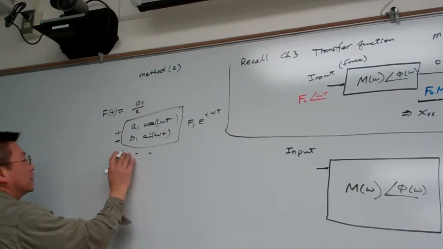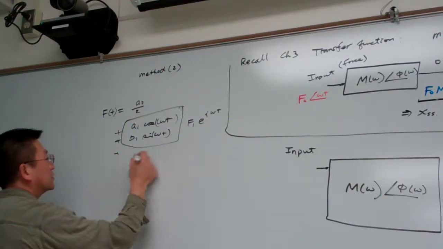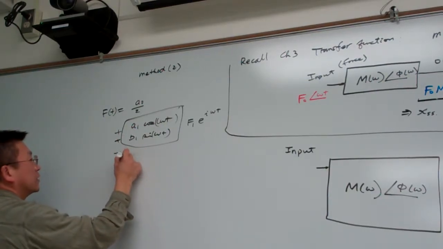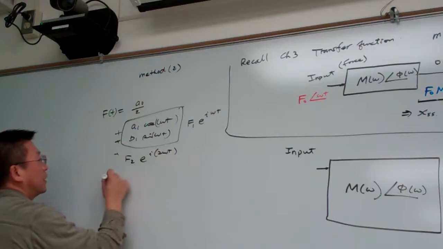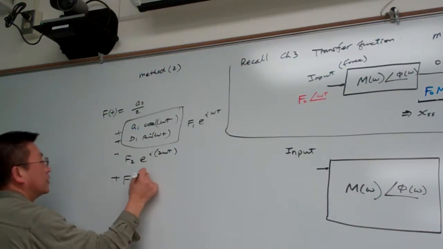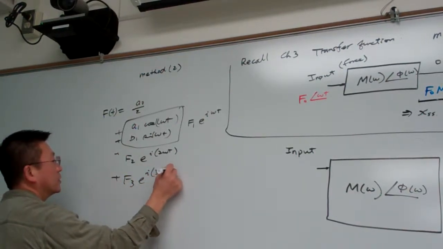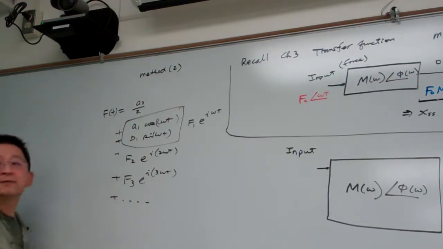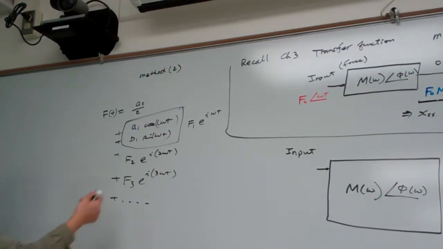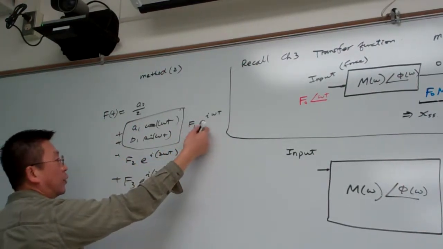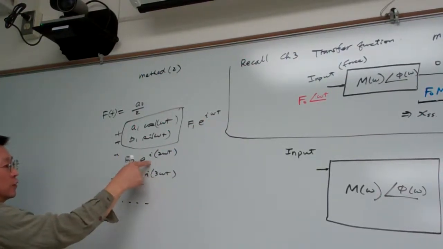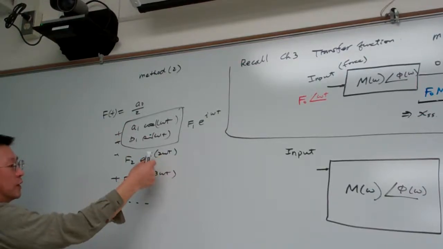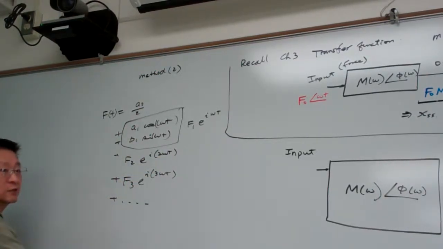Then the second one is simply 2 omega t: F2 e^(i 2 omega t) and plus F3 e^(i 3 omega t), etc. Basically, this represents the component corresponding to working frequency omega, the component corresponding to working frequency 2 omega, 3 omega, 4 omega, etc.